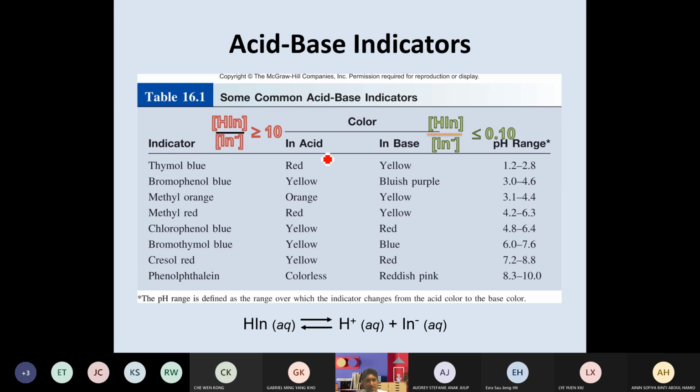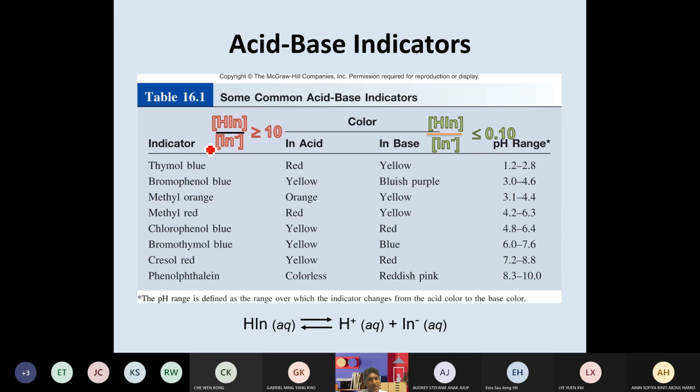So, acid-base indicators. Common acid-base indicators are thymol blue, bromophenol blue, methyl orange, phenolphthalein. Mostly we'll be using phenolphthalein. But the interesting thing is that acid-base indicators themselves are acids.